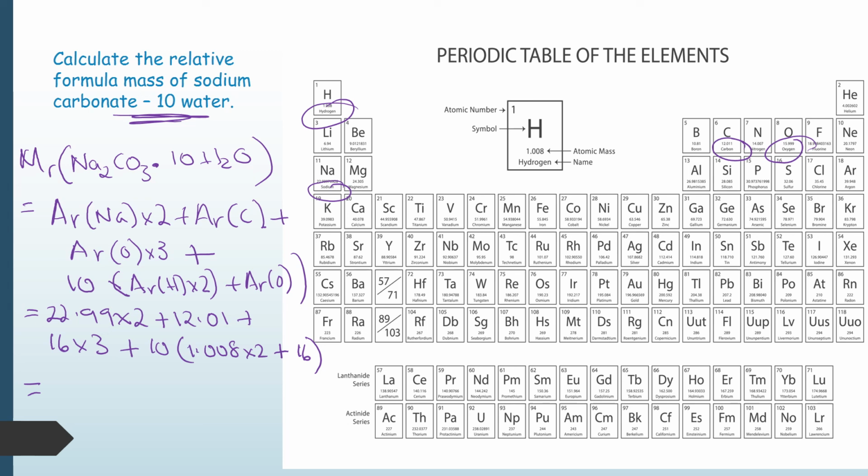Now I'm going to substitute all of that into my calculator, and I get that my answer comes out to 286.15.